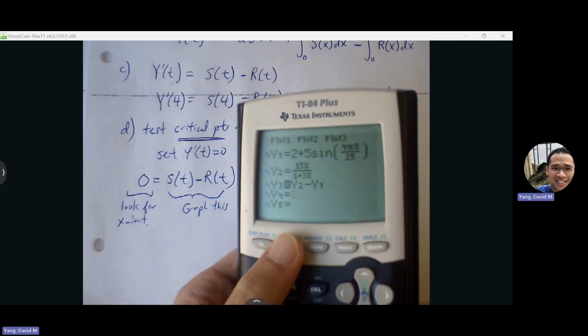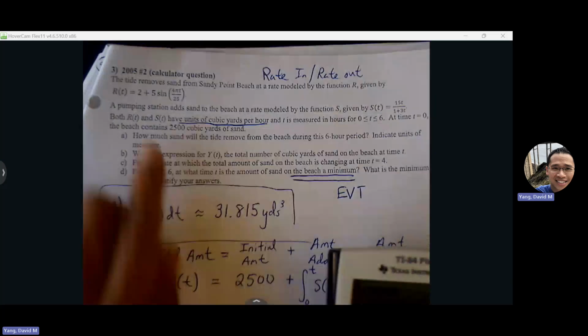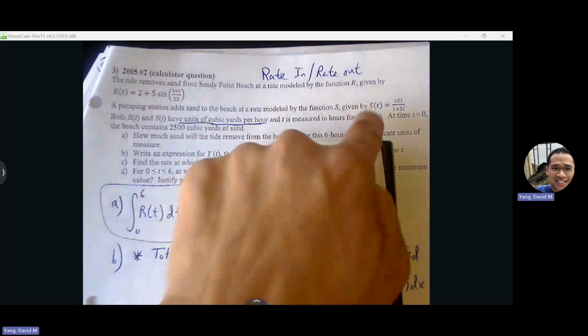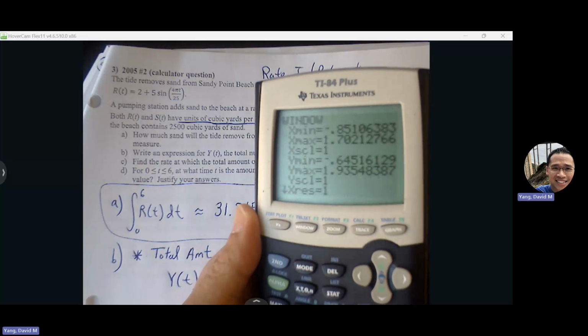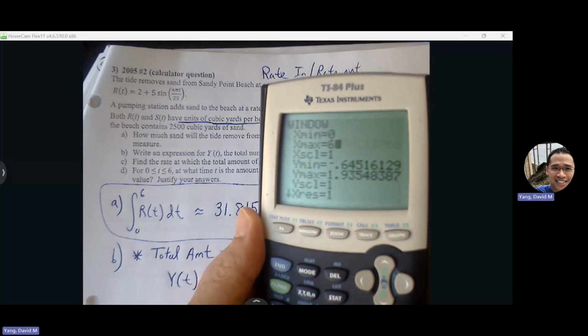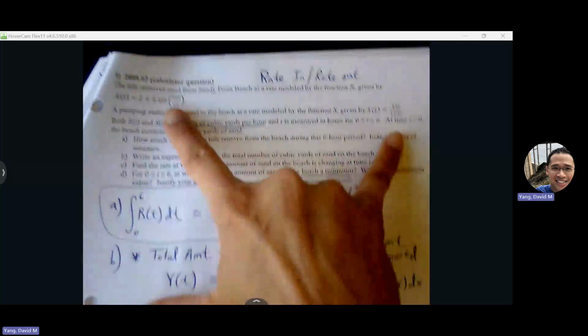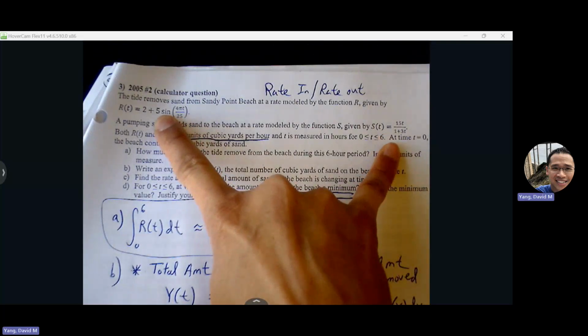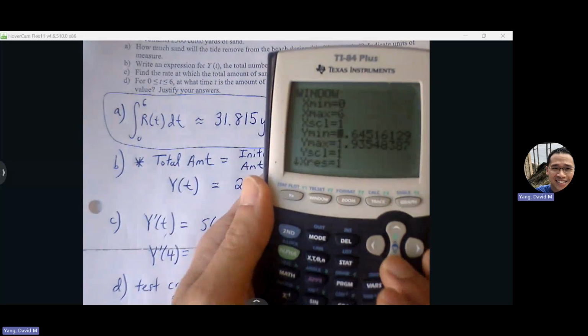So now I'm going to adjust my window. I know that I'm looking at a t-value between 0 and 6, so I'm just going to set x min and x max to 0 and 6. And these values seem manageable. They don't seem really large in terms of the y values, so I'm just going to say -10 to 10.